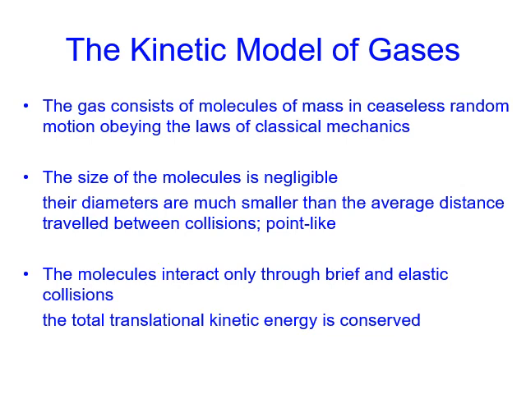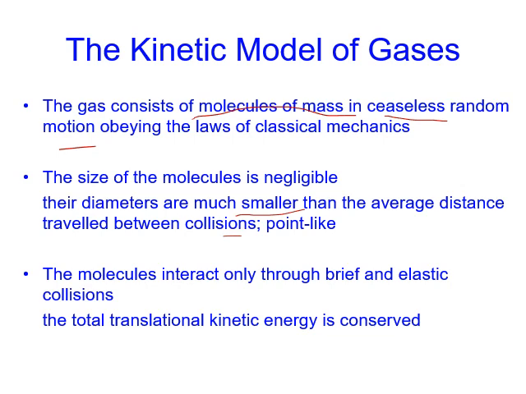In the kinetic model, the gas molecules are considered molecules of mass in ceaselessly random motion, obeying the laws of classical mechanics. The size of molecules is negligible, and their diameters are much smaller than the average distance traveled between collisions.